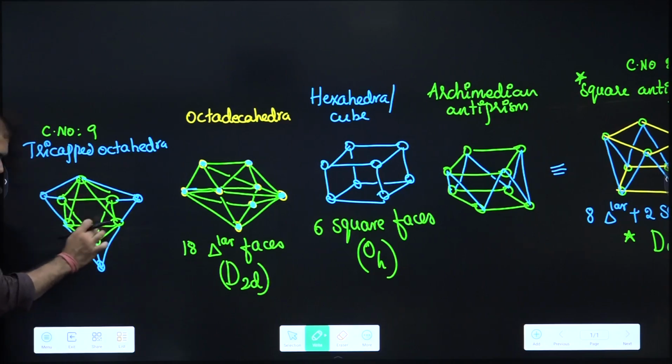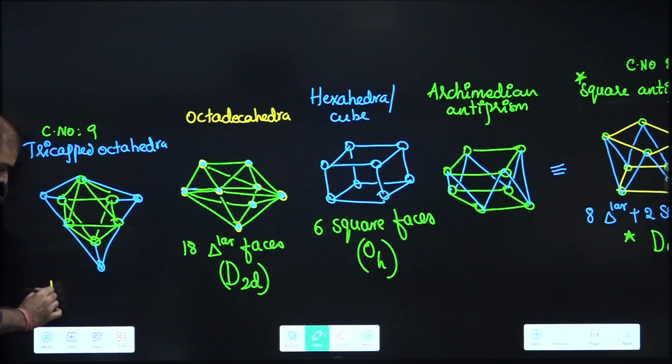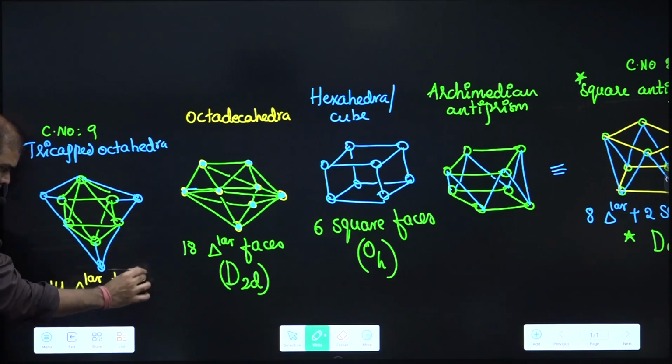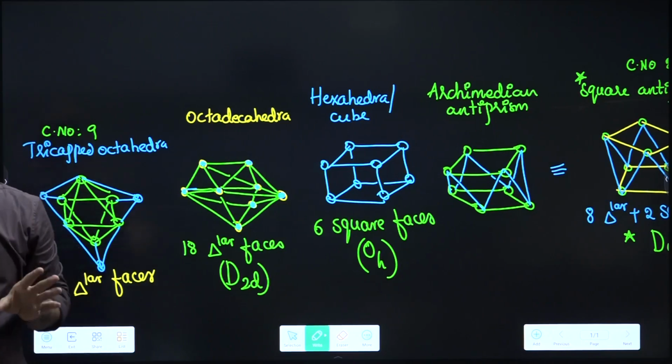Parent has 8, 3 are embedded, 5 from the parent, 9 are coming from the caps, so 9 plus 5, 14 triangular faces. Tricapped octahedra, 14 triangular faces.